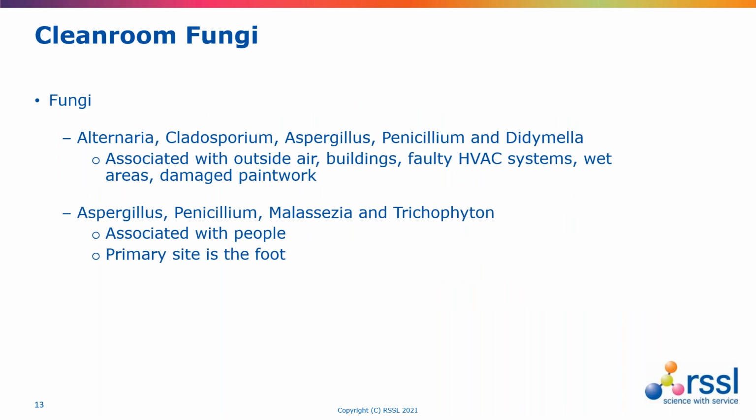With fungi, literature suggests that there are certain fungi that are more often associated with pharmaceutical product recalls, and fungi from different sources. We can have fungi that are more commonly associated with buildings and the environment, which would be Alternaria, Cladosporium in particular, which is the typical bathroom mold, the kind of black spots that we get, Aspergillus, Penicillium, and so on.